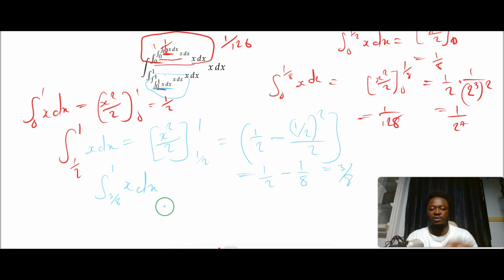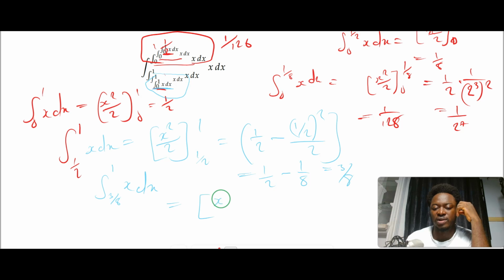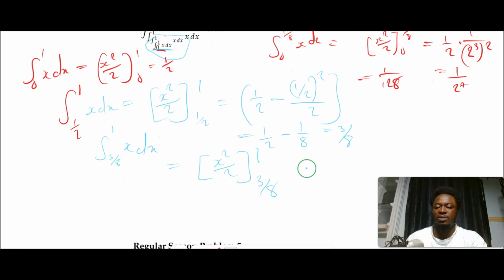So that should give us x squared over 2 from 3/8 to 1. So you have 1, that gives us half minus 3 over 8 squared divided by 2.